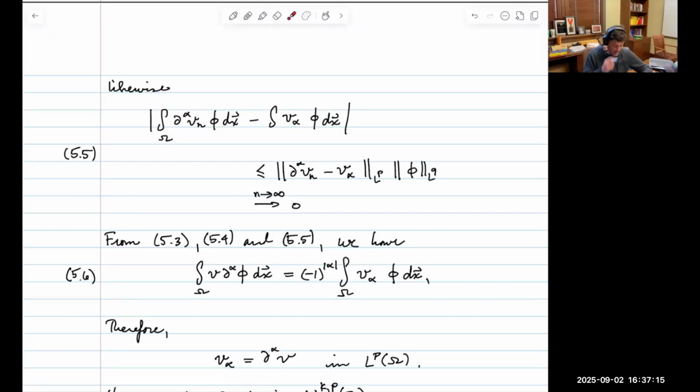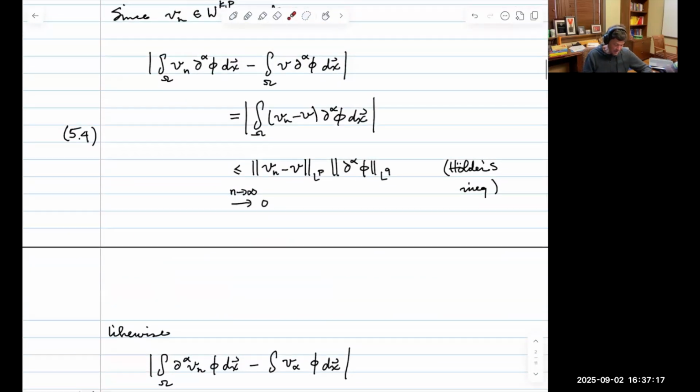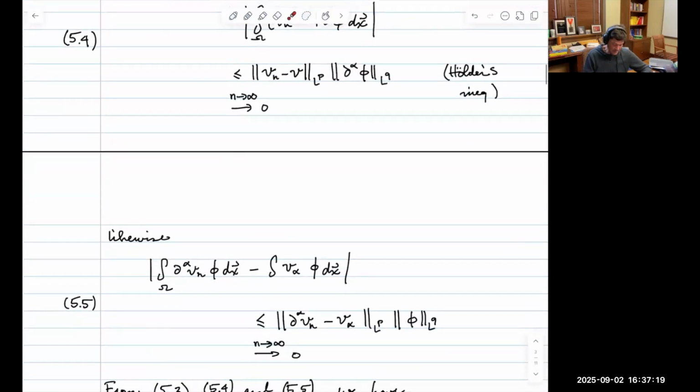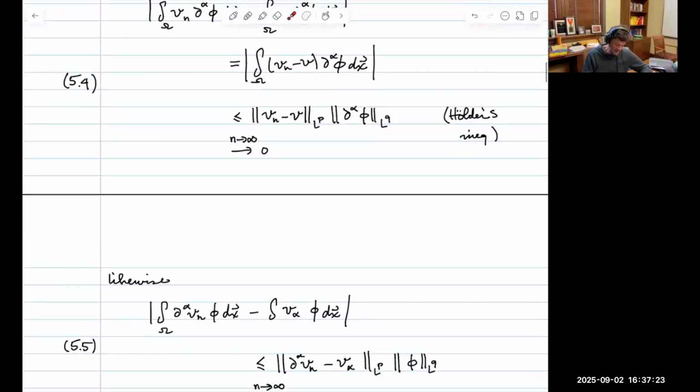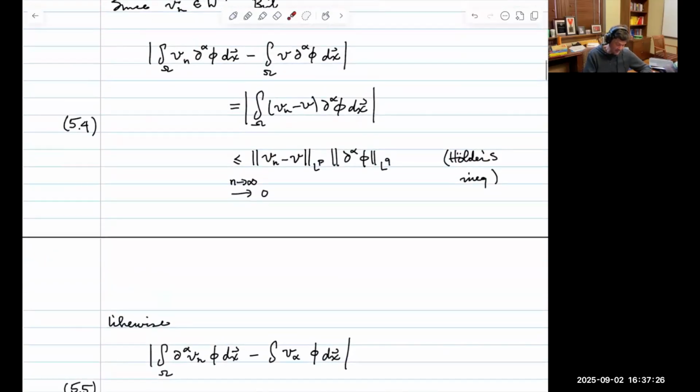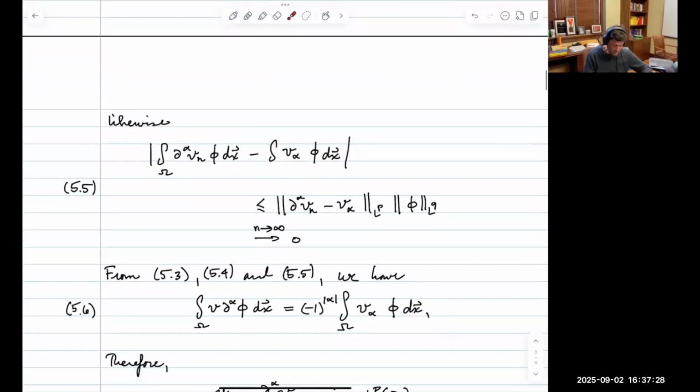In fact, that is a separate fact from this one here. What I know is that each one of these partial derivative sequences converges to something. So let's put that in there.